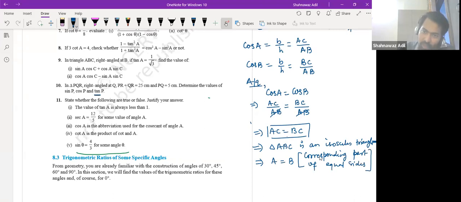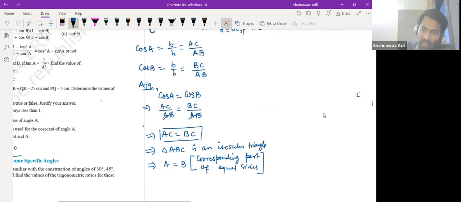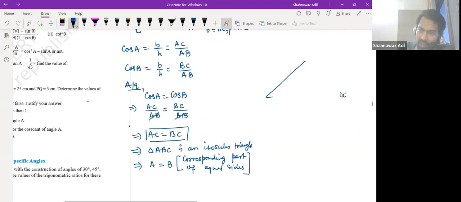If these sides are equal, then these angles are equal.